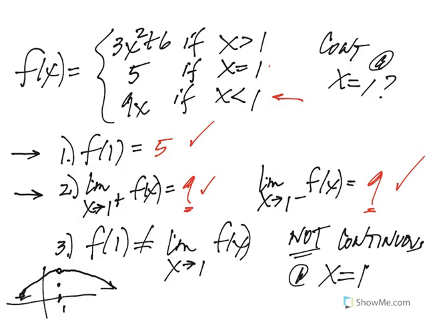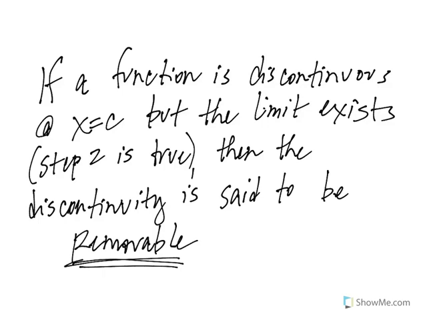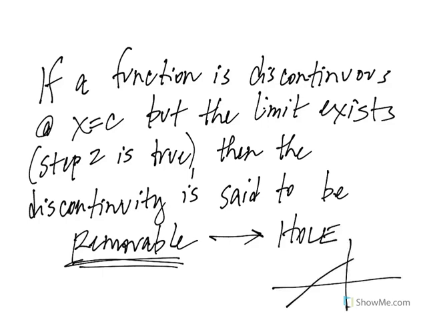So if I look at this previous example, it is not continuous, but step 2 works. So this is a removable discontinuity. Now, another word for a removable discontinuity is nothing more than a hole. So step 2 says the two sides come together at the same y value, but there's a discontinuity somewhere right at that dot.